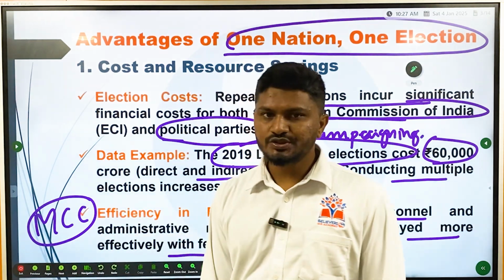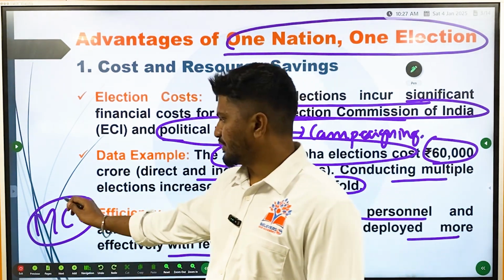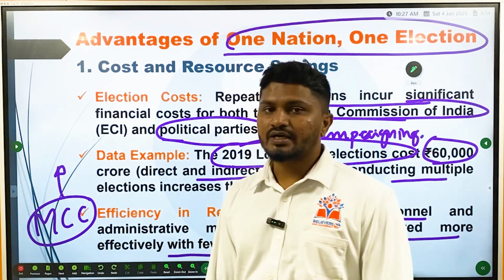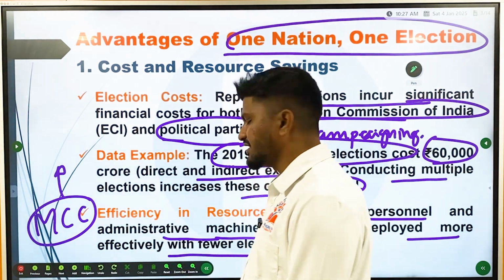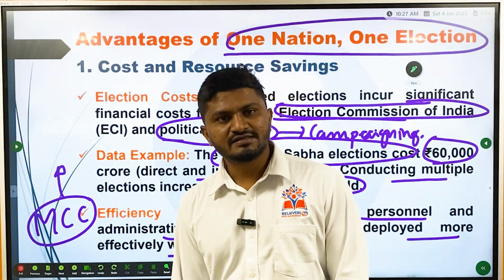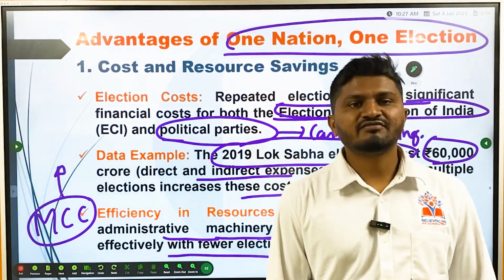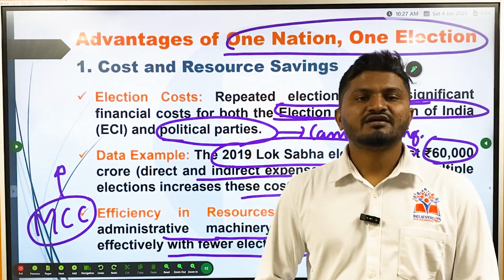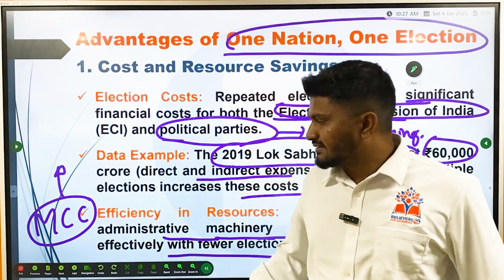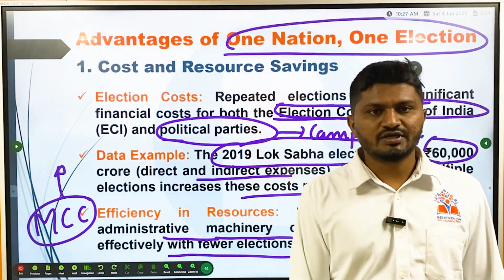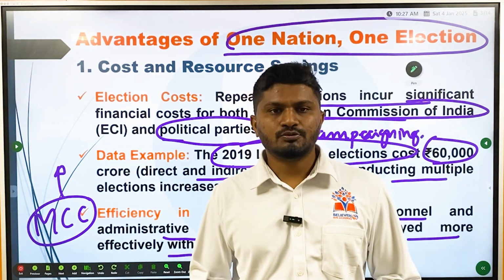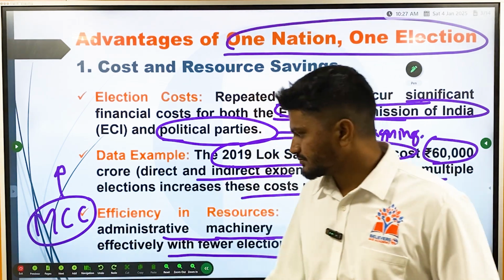In order to achieve this, you need security personnel. In order to conduct elections, you need administrative machinery and other personnel. So that is going to consume more resources. But if the elections are few and far between, if the elections are simultaneous, then these resources can be used more effectively compared to what we are using now.